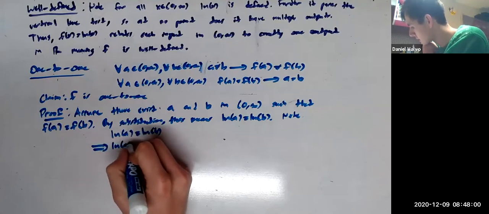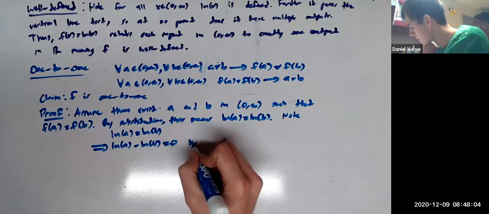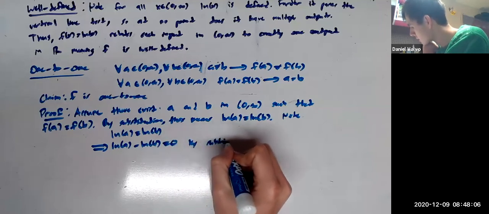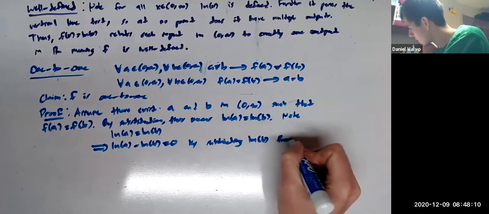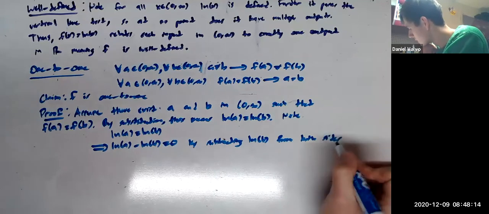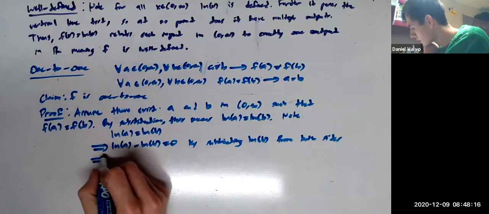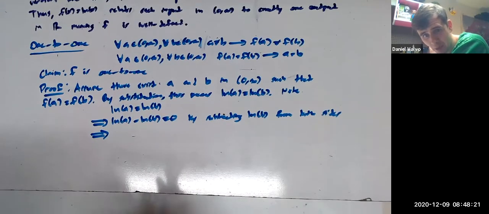This implies ln of a minus ln of b equals 0, by subtracting ln of b from both sides. Well, this implies, here's the key part, here's the interesting part.